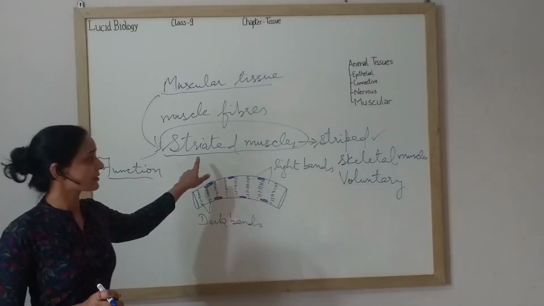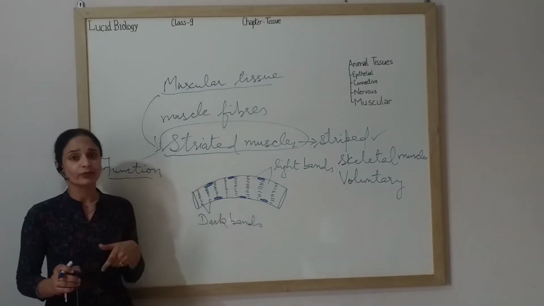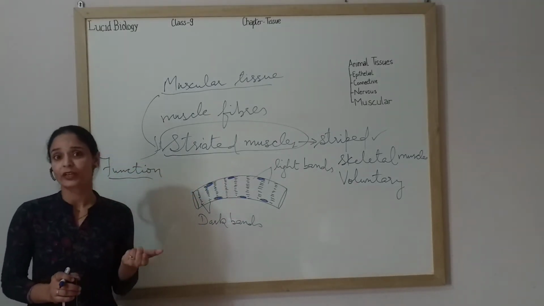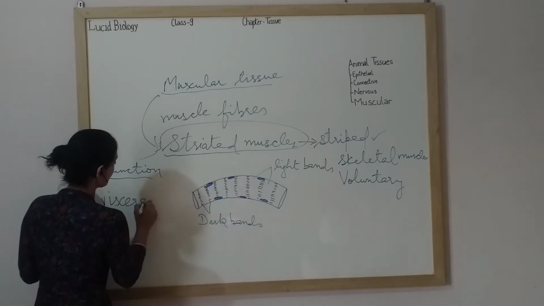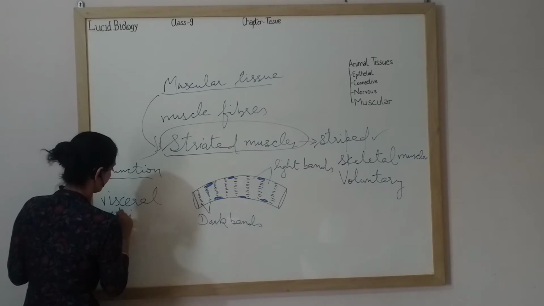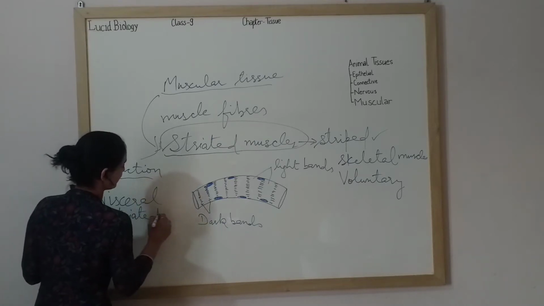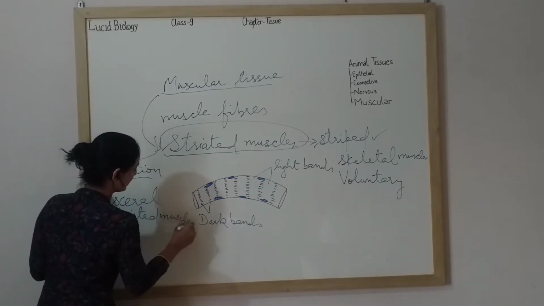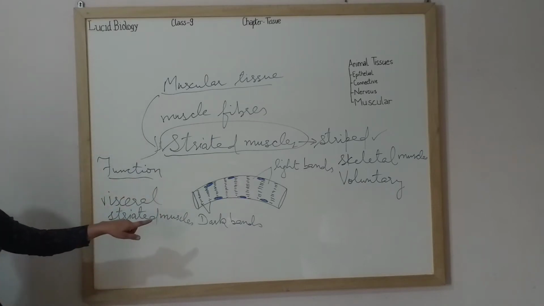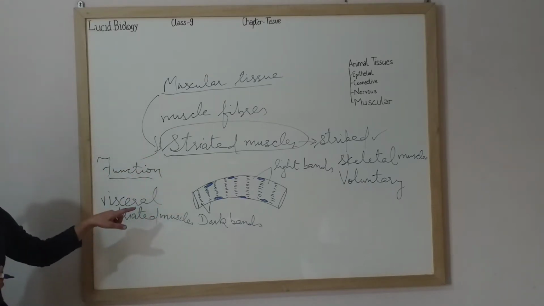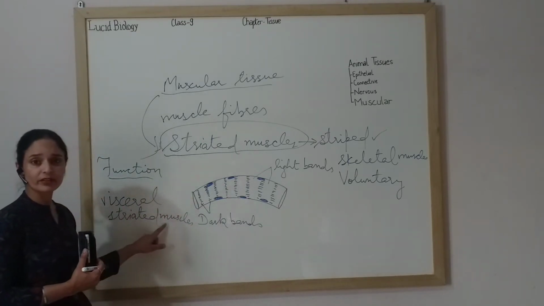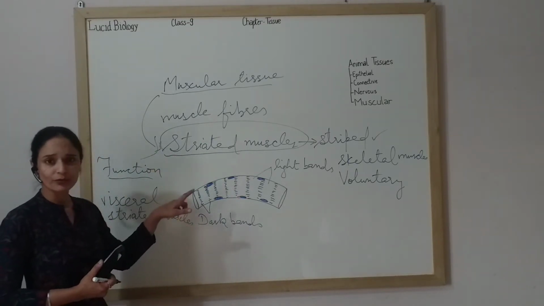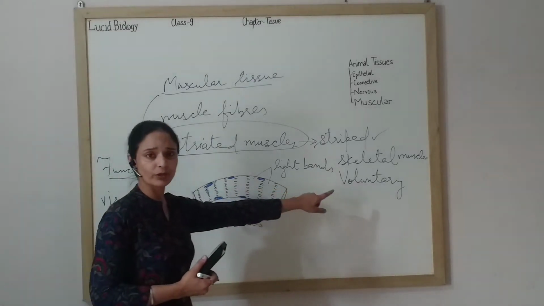The striated muscles in the tongue, in the diaphragm, and in the upper part of the esophagus are called visceral striated muscles, because visceral organs means internal organs. So we can control their functioning. That's why they are called voluntary muscles.